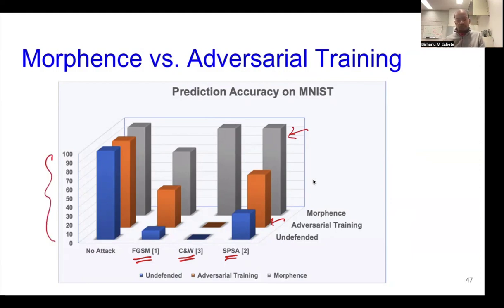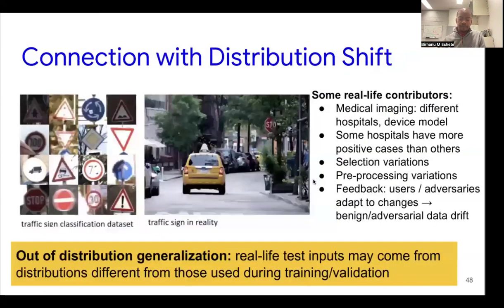So that is one contribution that we've made in the space of defending against adversarial examples using moving target defense ideas, and our technique outperforms adversarial training, which is one of the reasonably well-performing defense techniques that we know today.